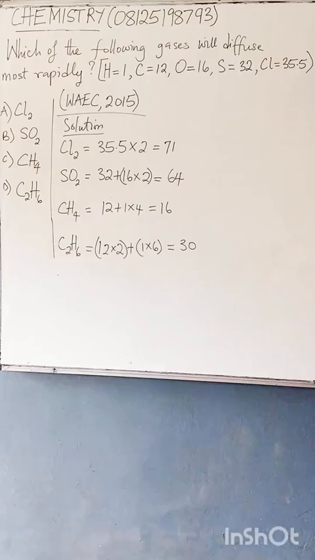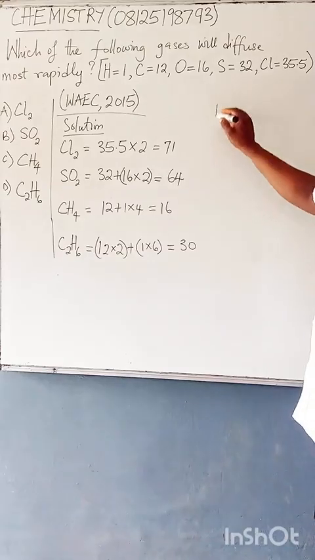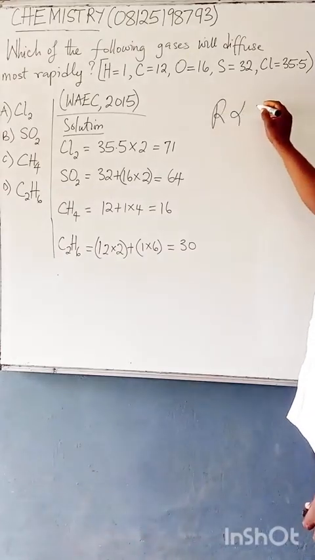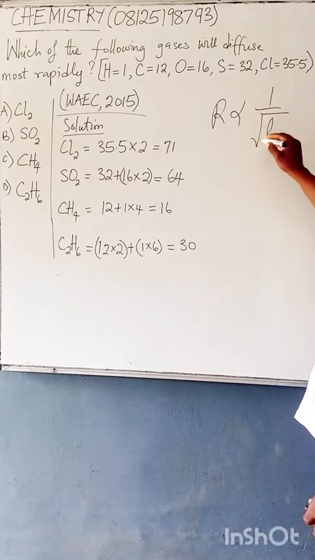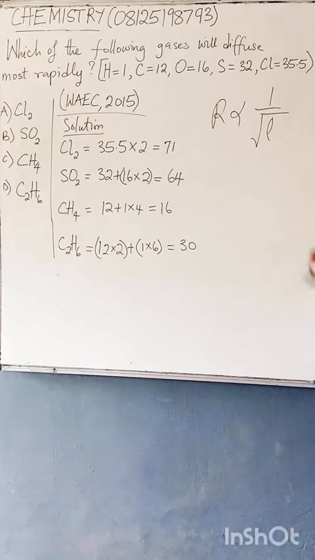Graham's law of diffusion says that the rate of diffusion of a gas is inversely proportional to the square root of the vapor density. The rate of diffusion of a gas, written as R, is inversely proportional. Inverse means 1 over. Inversely proportional to the vapor density. The Greek letter rho that we are seeing here refers to what we call vapor density, the density of the vapor.